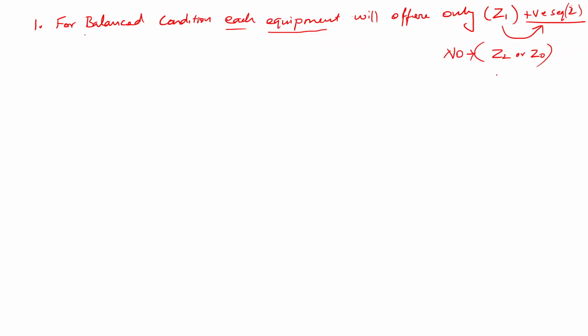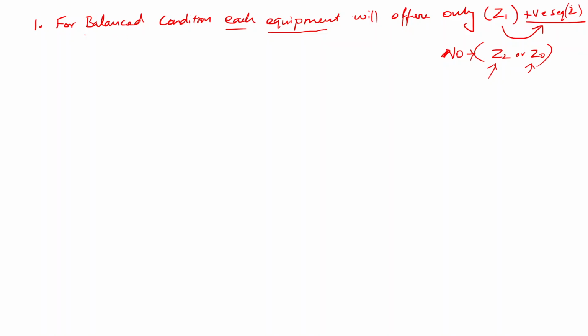We have seen this type of statement in sequence components also. We have proven that for balanced condition, there is no negative or zero sequence component. Same for impedance, only positive will be there for balanced condition. This is the first understanding. You should not forget it. I will ask this question later also. If you have any doubt in this statement, ask me, I will explain.